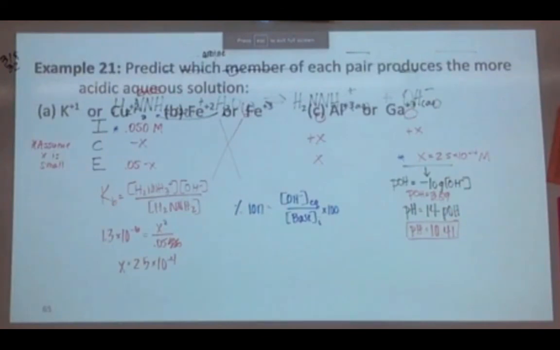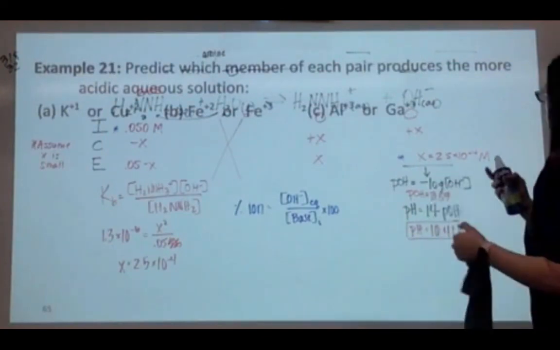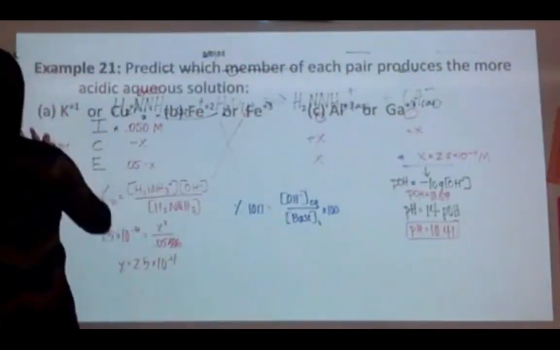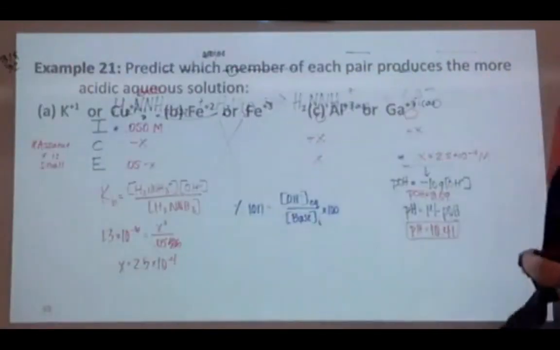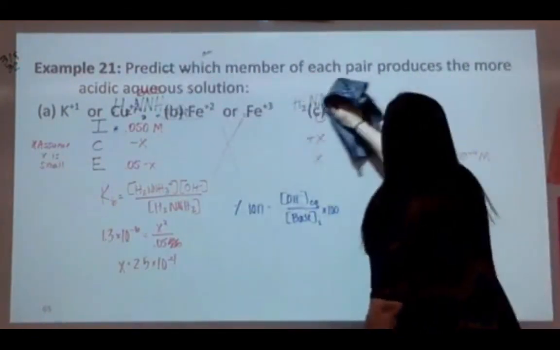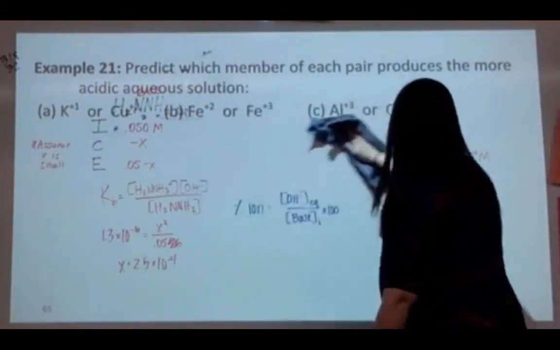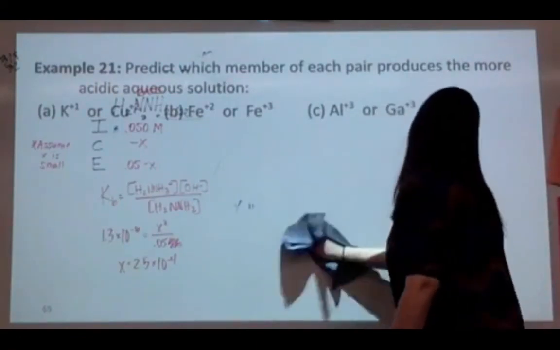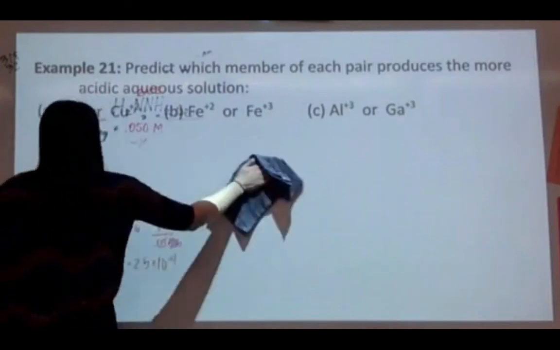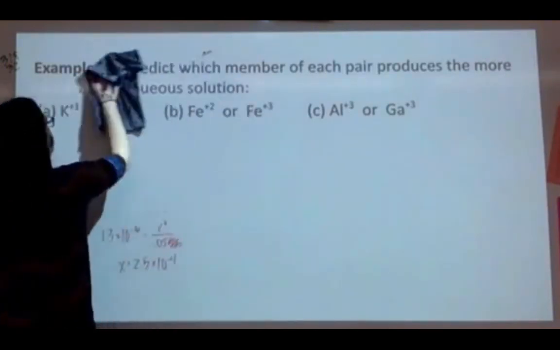All right, so now we have two more examples, and these are conceptual. These two examples are going to go along with the last video, video 7.5. Now, example 21 isn't as common as example 22 will be when we look at acid strength. When we look at acid strength, there are a couple things that we can look at.